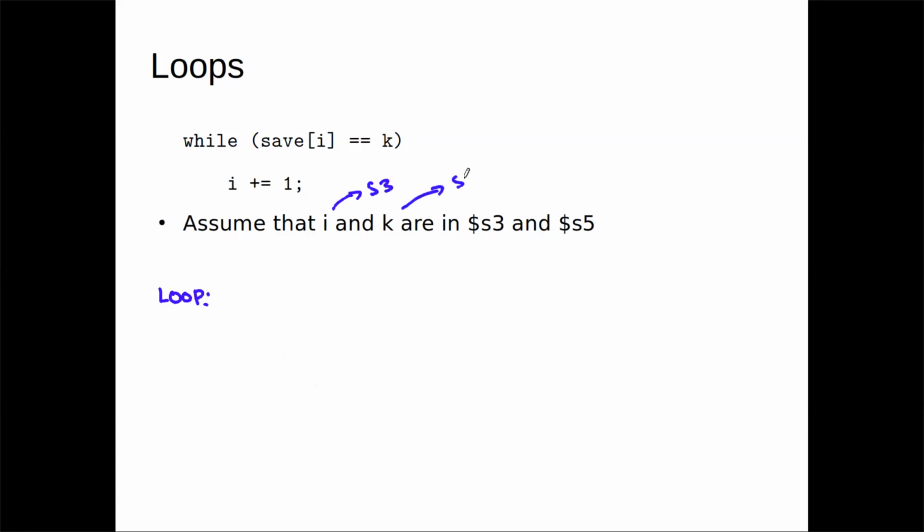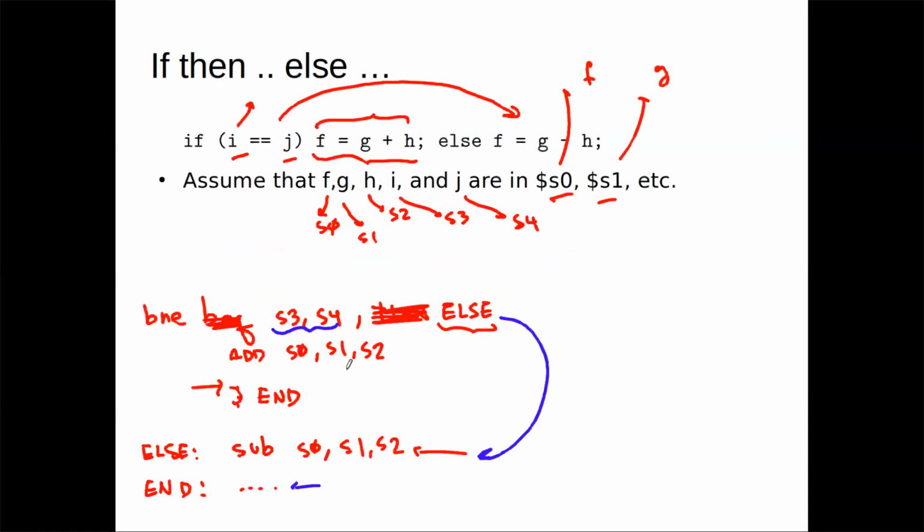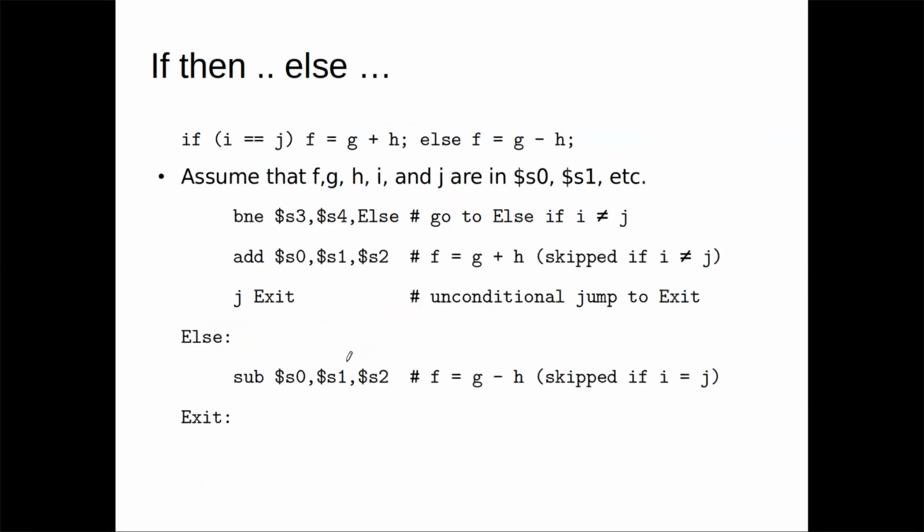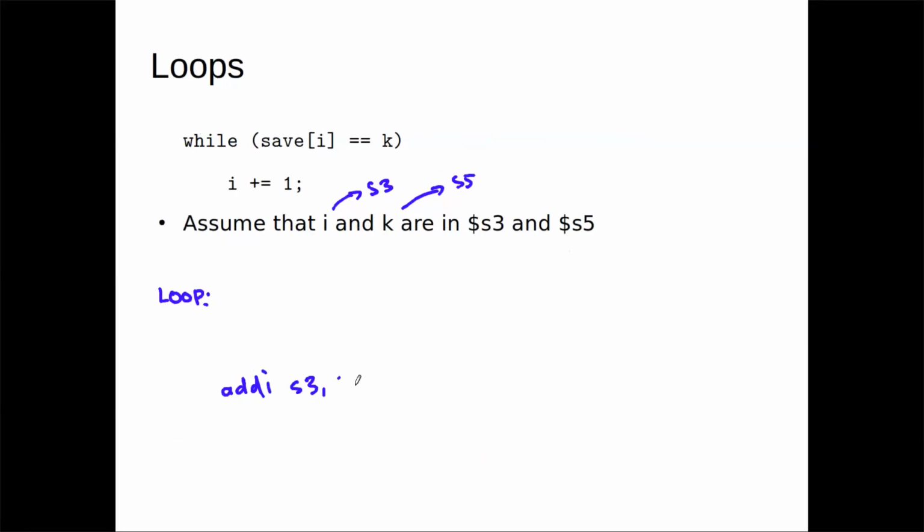This one is S5. So somewhere here we have to increment, obviously. So we will do add on S3, right? And I can do an immediate add, right? Because why not. So somewhere in the middle.